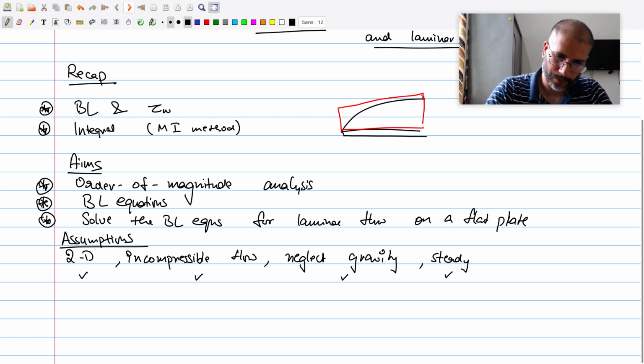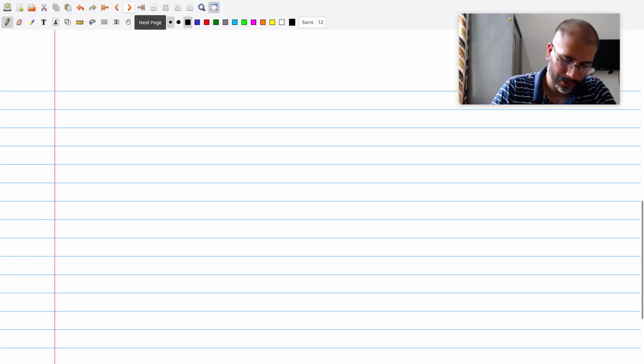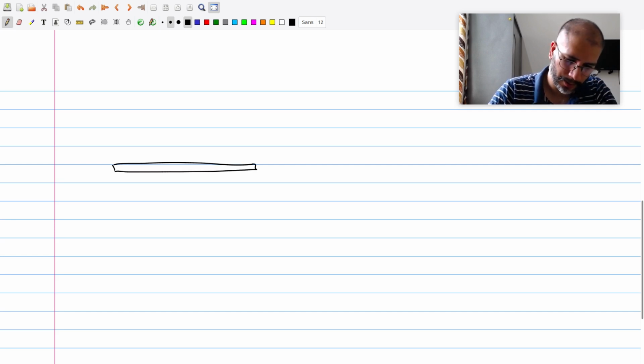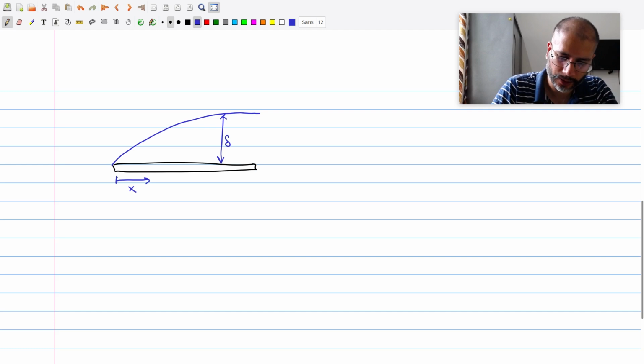Okay, the boundary layer, let me draw a figure again just for showing the coordinates again. This is the boundary layer that we'll have. So the thickness of the boundary layer will be denoted by delta. As earlier, the x coordinate will be along the length of the boundary layer and the y coordinate will be perpendicular to the boundary layer.